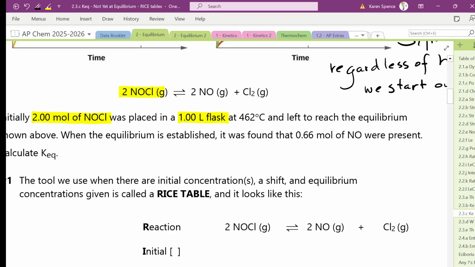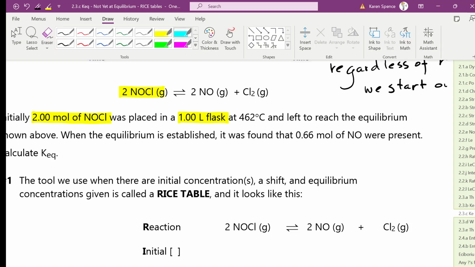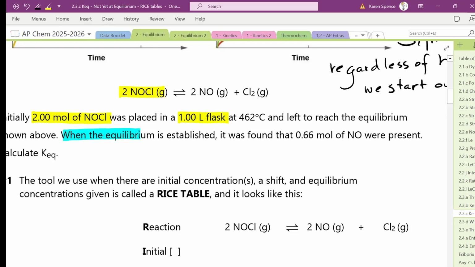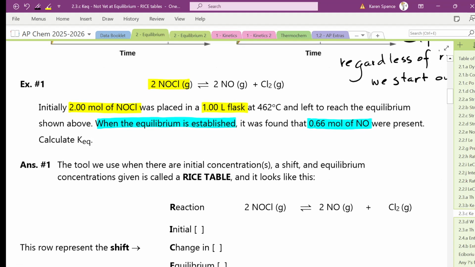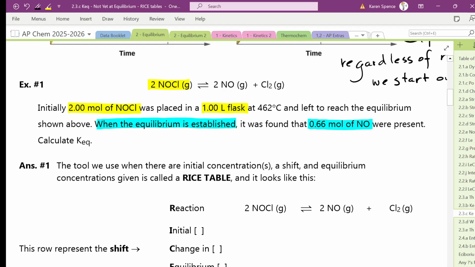When the equilibrium is established, so now we have some other information. When equilibrium was established, we had 0.66 moles of NO present, and we're going to calculate our KEQ. Now, the only reason for giving the temperature is that we are being told the temperature so that we know it is at a constant temperature.